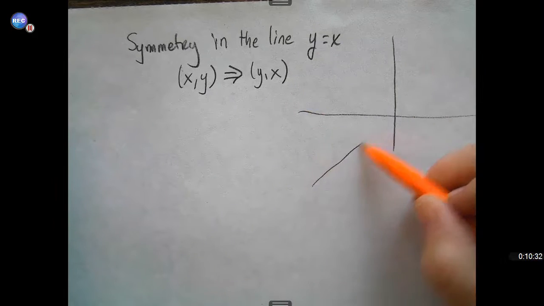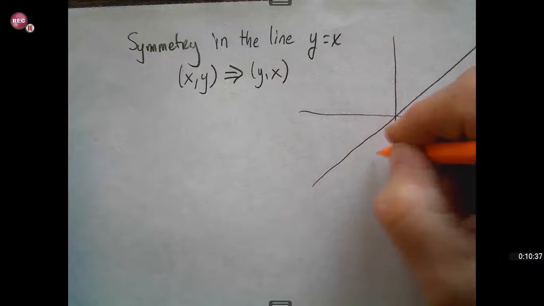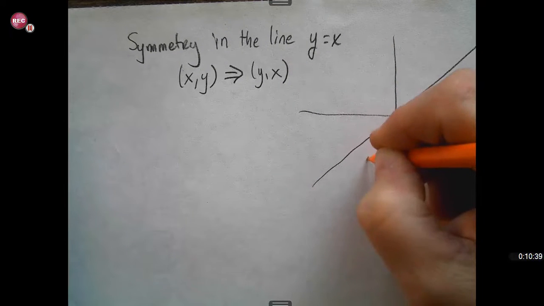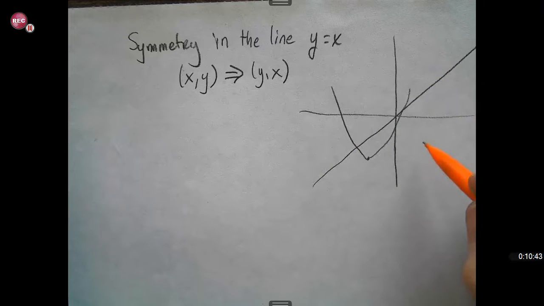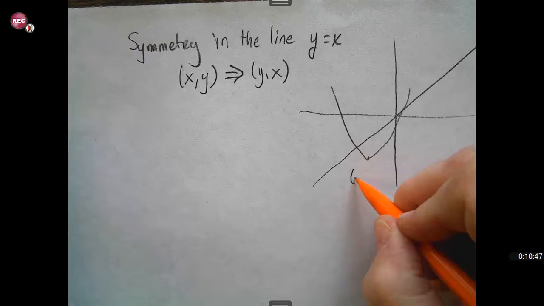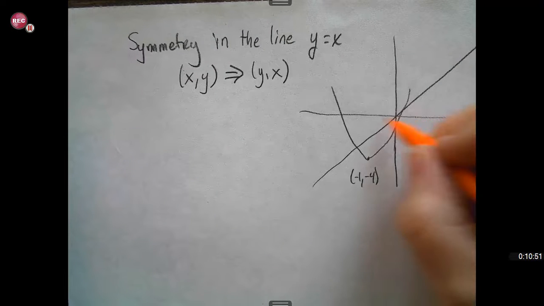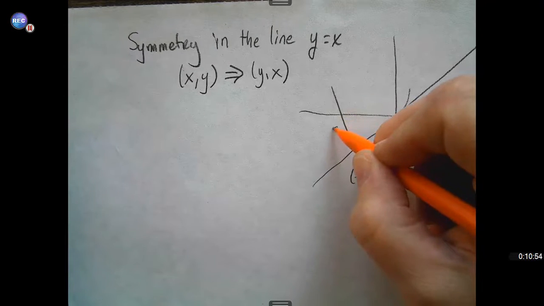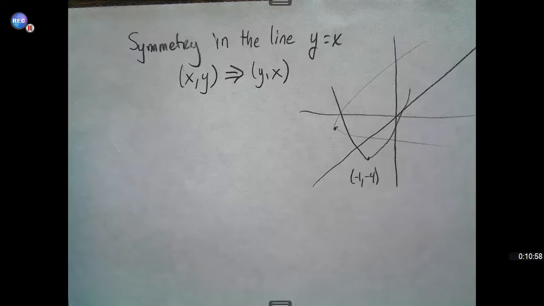Here's the line y equals x, and to have symmetry there, I can take my parabola that I've been working with down here, and if I flip it over the line y equals x, then this vertex, which is at -1, -4, becomes a vertex at -4, -1 over here. And it's going to open this way now. So its reflection will be something like that.